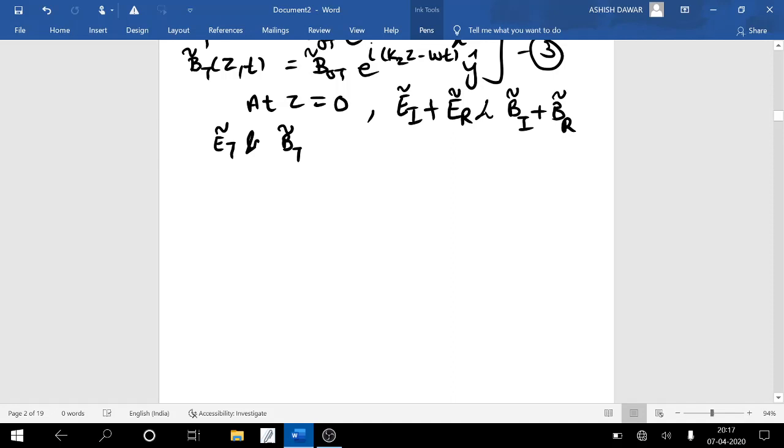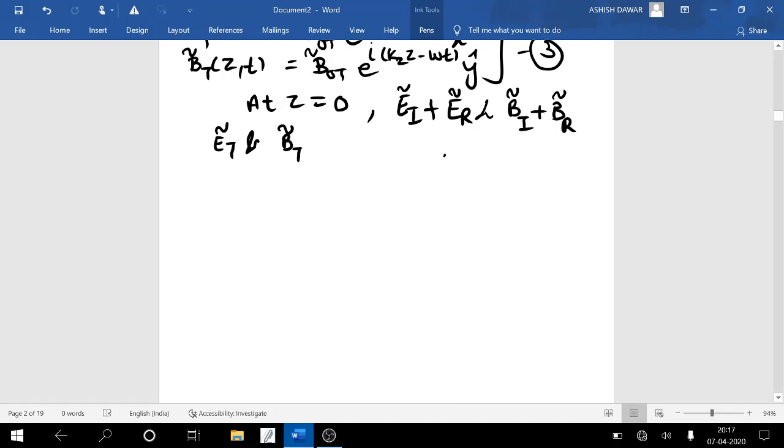Okay, so in this case there are no components perpendicular to the surface. So now we are applying the boundary conditions which we have proved above.